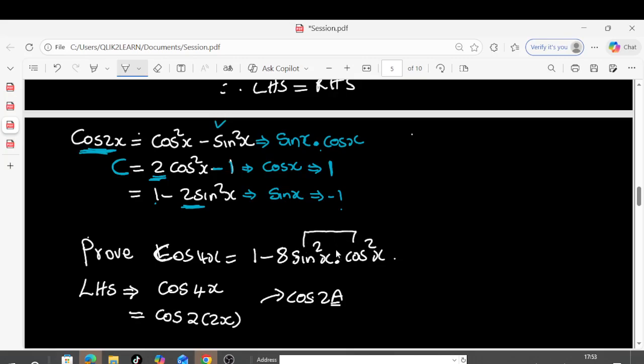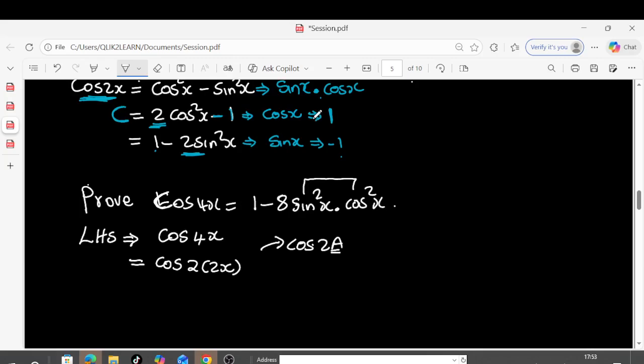We need the product of sine and cos. We can only get the product of sine and cos if on our problem we have something like the sine 2x. We know the identity of sine 2x is 2 sine x cos x.